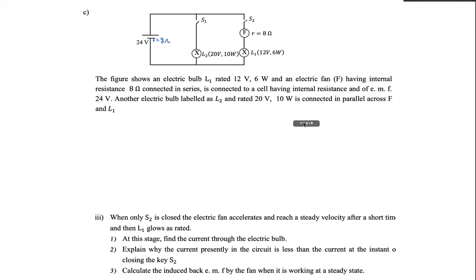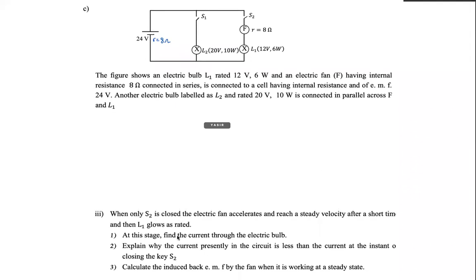What do you think is happening there? Maybe its resistance is changing. Okay. Explain why the current presently in the circuit is less than the current at the instant of closing key 2. Calculate the induced back EMF by the fan when it's working at a steady state.